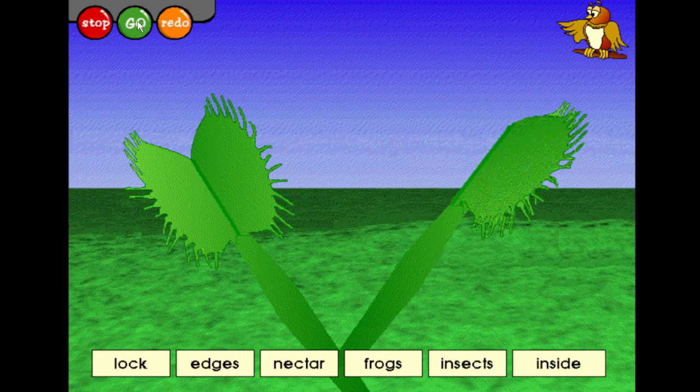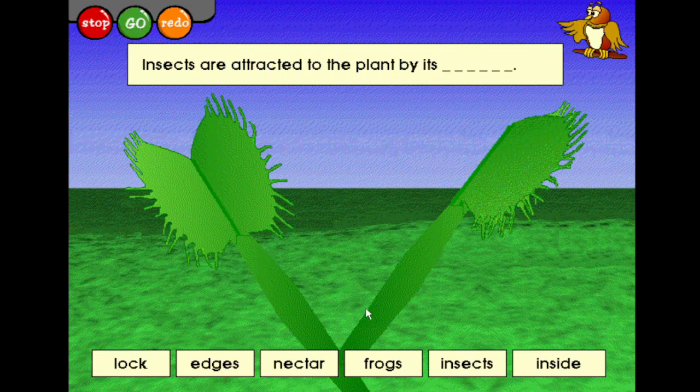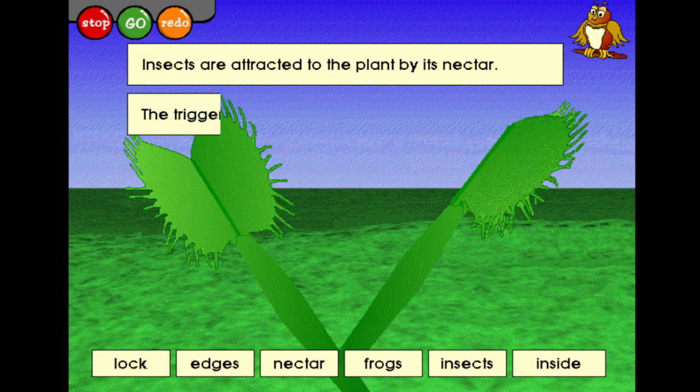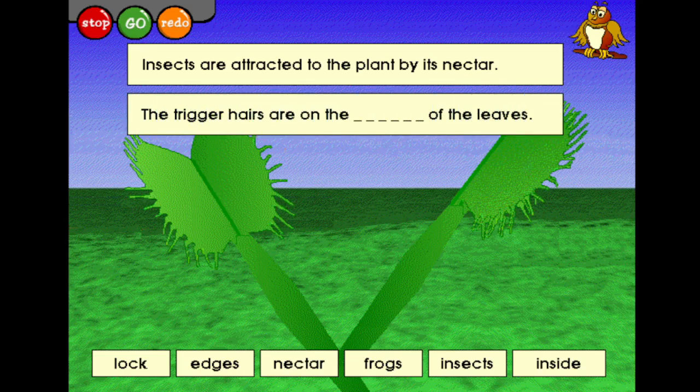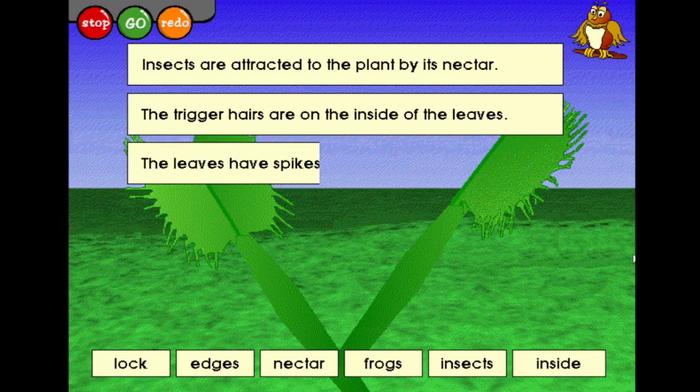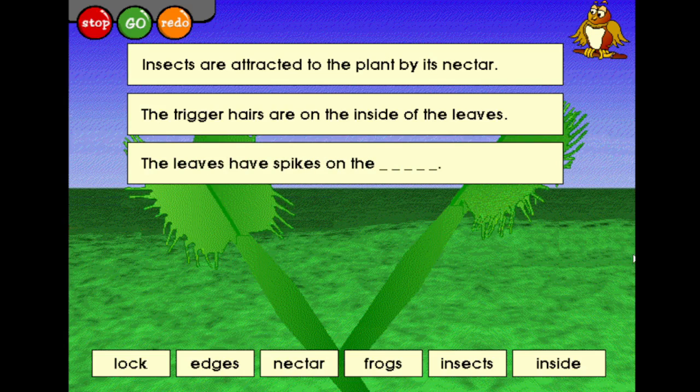Read these words in your mind. Click on Me for help. As each sentence appears, insects are attracted to the plant by its nectar. The trigger hairs are on the inside of the leaves. The leaves have spikes on the edges.